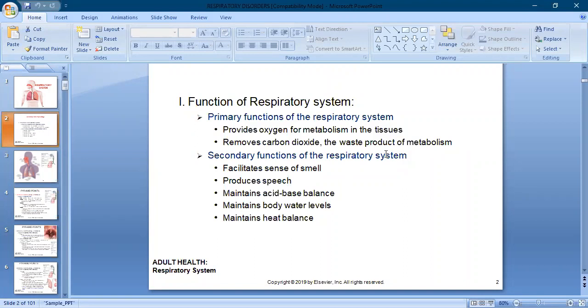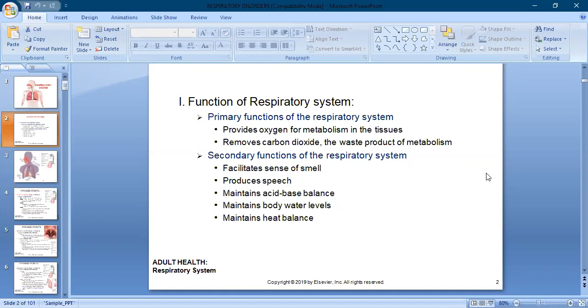So blood releases the carbon dioxide and gets oxygen, and this oxygen comes from the environment in the process and goes to the lungs. So definitely the target of this oxygen is the tissue level where metabolism occurs, especially in the liver.